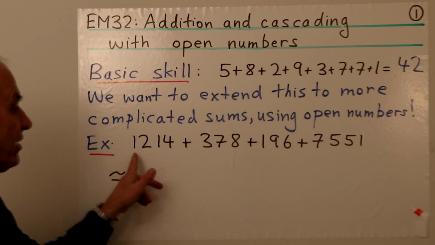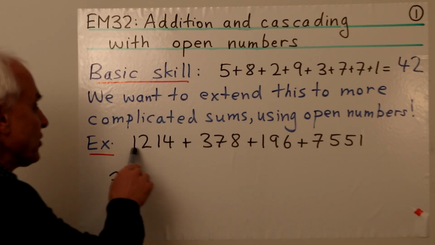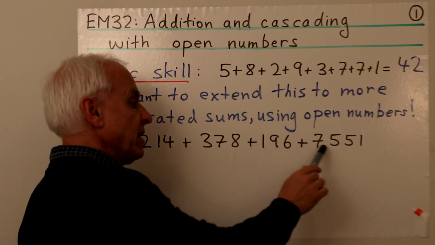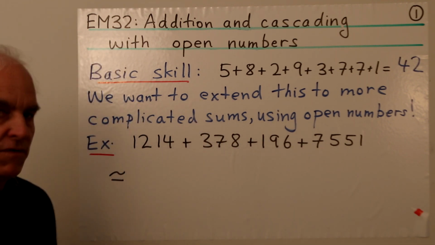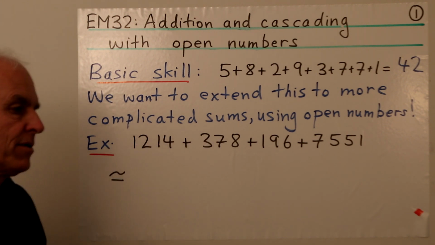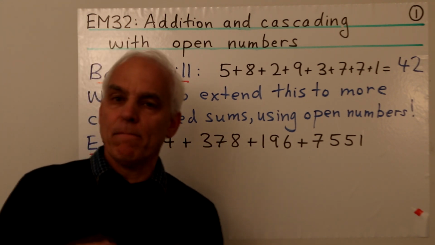Okay, so I'm going to illustrate it by looking at this rather imposing sum. 1,214 plus 378 plus 196 plus 7,551. And our approach is roughly to think about these numbers perhaps as money.